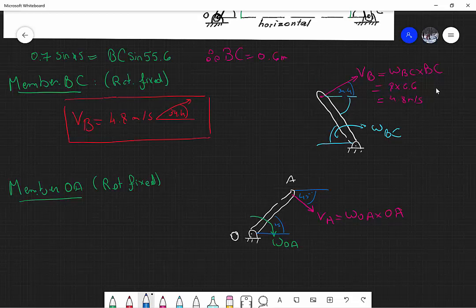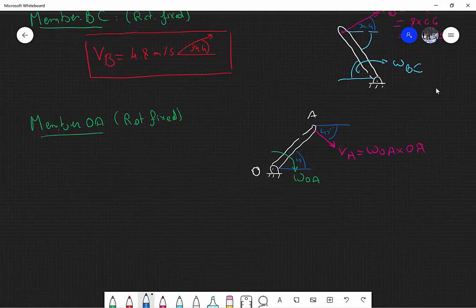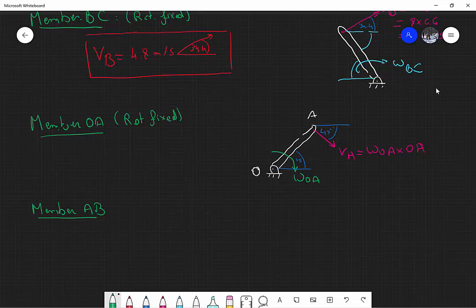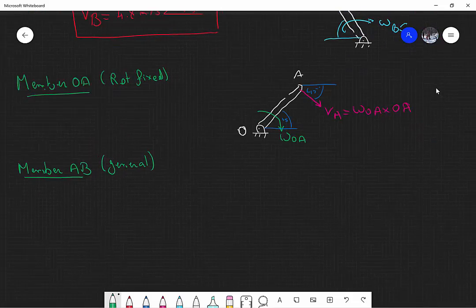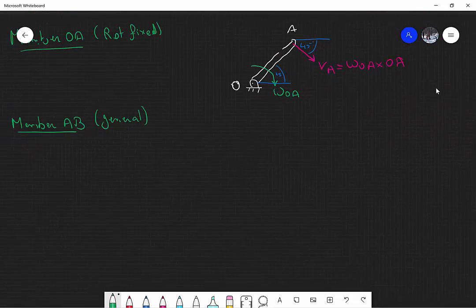Okay, so since this is the VA, now we can go to the last member, the member EB. We remember that the member EB was not translation, and it wasn't rotation about a fixed axis either, so it was general motion. So let's draw the member first.